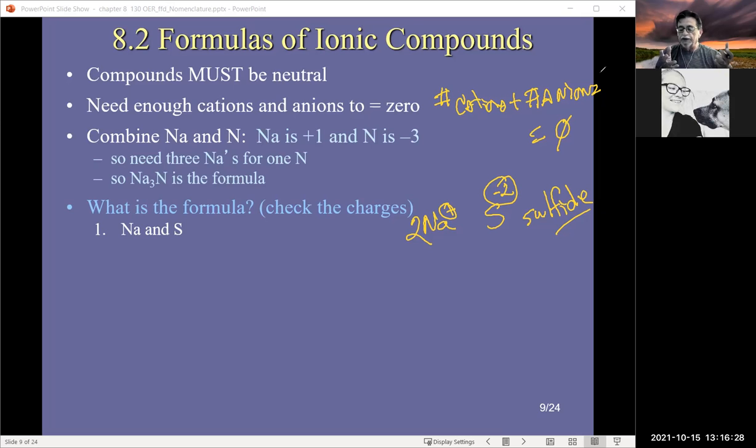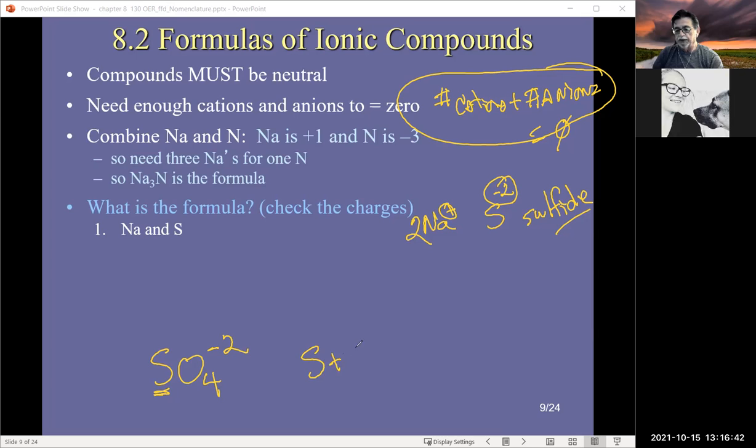For example, sulfate. Okay, you can use this general formula to calculate the oxidation number of sulfur in sulfate. We don't know what sulfur is, so we can say, well, it's sulfur plus 4 oxygens, and we know that, be it covalent, be it ionic, oxygens will always have a -2 charge.